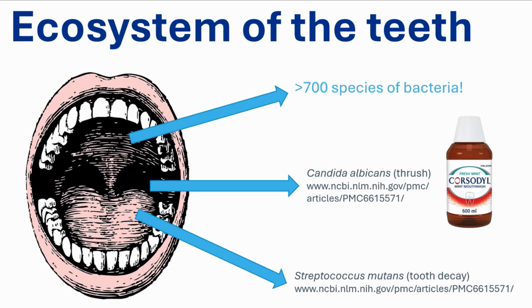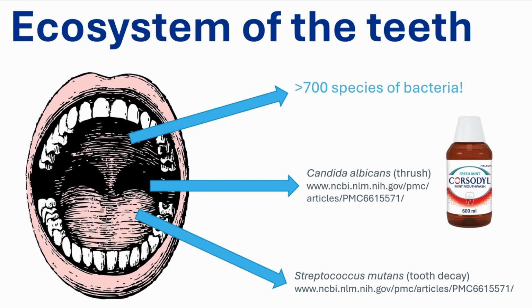So I'm just going to mention two that can cause quite a lot of problems for some people. Candida albicans is a yeast, so it's fungal. That's what causes oral thrush. It's quite a problem for people who are immunosuppressed, for example on steroids.